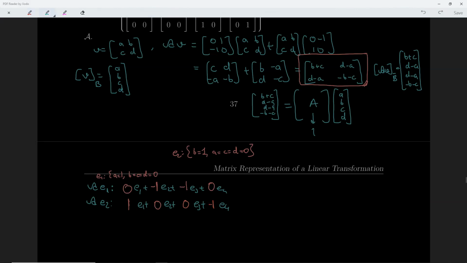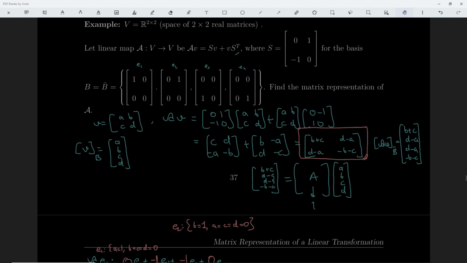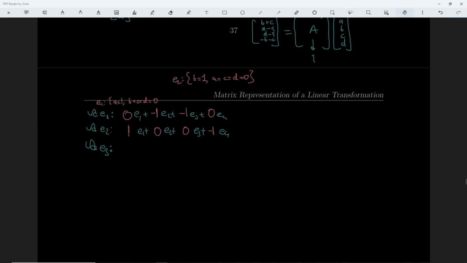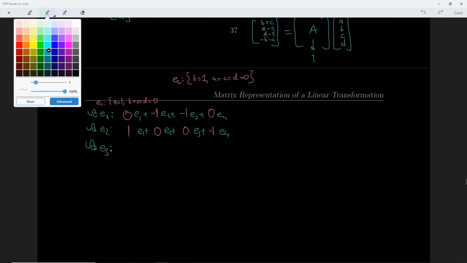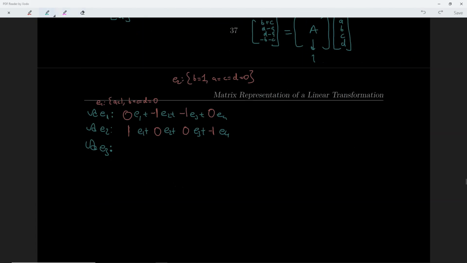If I continue that way, let's write down A of E3. E3 is this matrix over here, so C is equal to 1 and all other coefficients are equal to 0. If I write the transformation of E3 as a linear combination of E1, E2, E3, and E4, let me write down the vectors first so that I can write the coefficients in red.